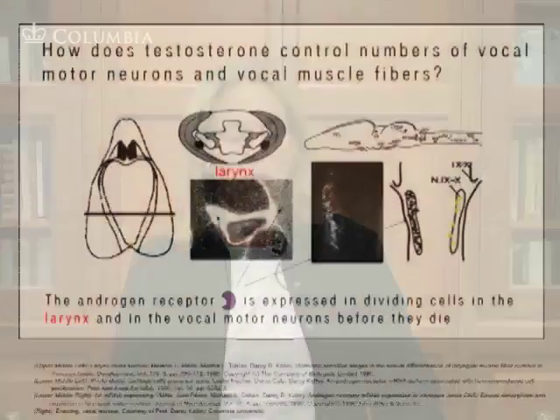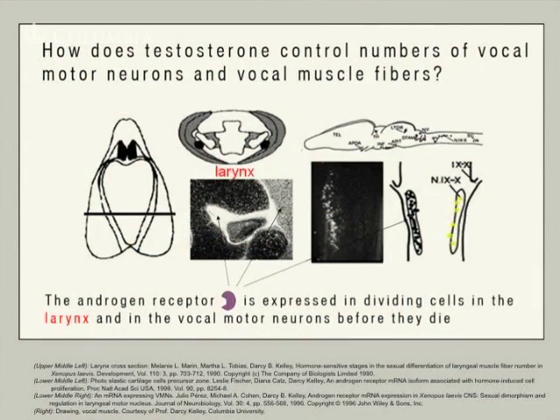So in order for the hormone to work, you would expect that both the brain and the vocal organ would have receptors for the hormone, and you can actually go and take a look at that once you clone the gene for the receptor. And what you see here is a cross-section through the vocal organ, and here in this little itty-bitty piece of tissue right in here, you see a very bright area lighting up here and here.